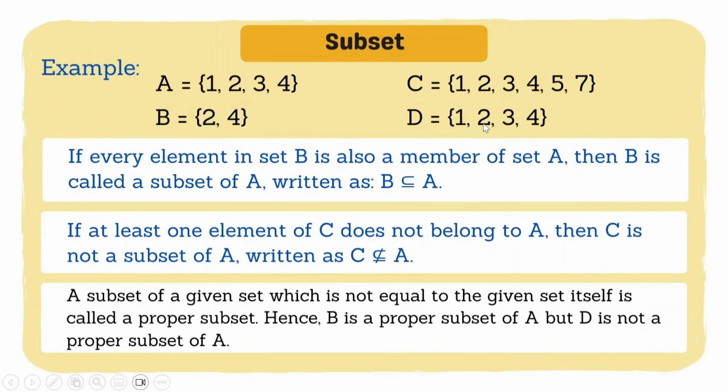As compared kay set D, lahat ng elements niya ay nandito rin sa elements ni A. Lahat ng elements ni A ay nandito rin sa elements ni D. Therefore, D is no longer a proper subset. Okay, yun po yung ibig sabihin ng proper subset.